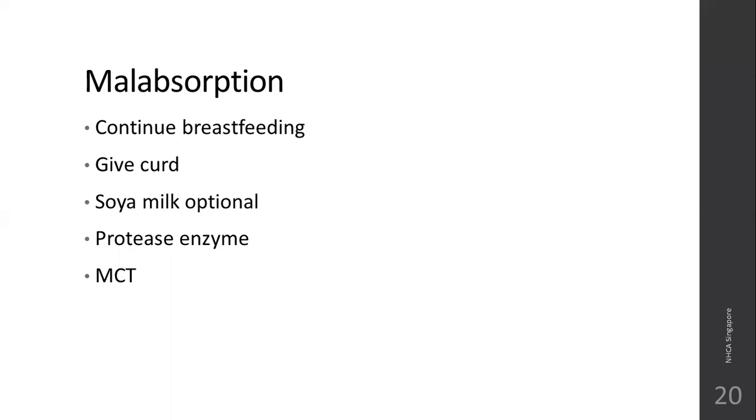You have to give the patient curd and yogurt, introduce curd and yogurt. Soya milk can be started if it is necessary. You can stop breastfeeding and start soya milk for very young infants. In older children, you can shift to pulses and cereals that do not have lactose at all. That can be continued with family pot feeding. Whatever is prepared in the family, the same food is given to the growing children.